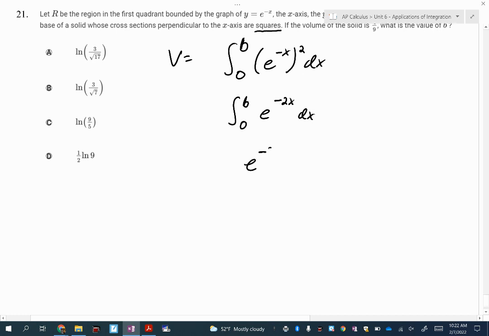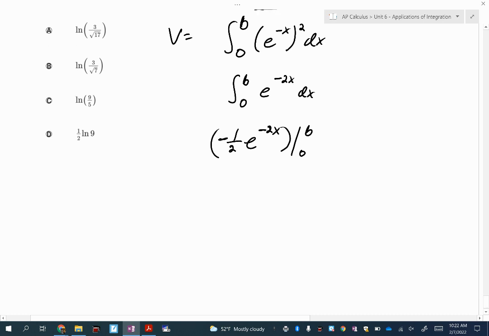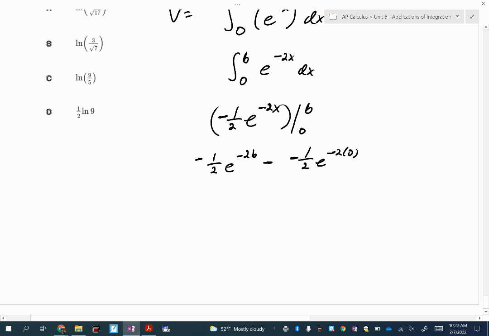So I get e to the negative 2x. Again, we have the chain rule happening, so I need to put a negative 1/2 in front, evaluating at 0 and b. So that's a negative 1/2 e to the negative 2b power minus negative 1/2 times e to the negative 2 times 0 power. You guys know anything to the 0 power is going to be 1. So that's going to be plus 1/2.